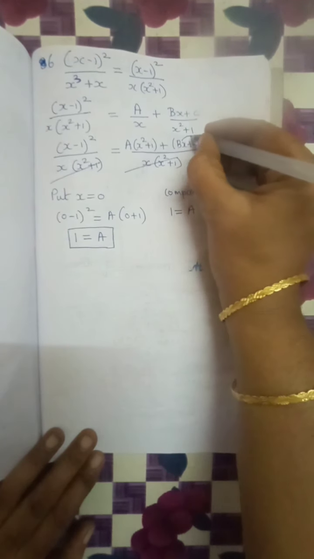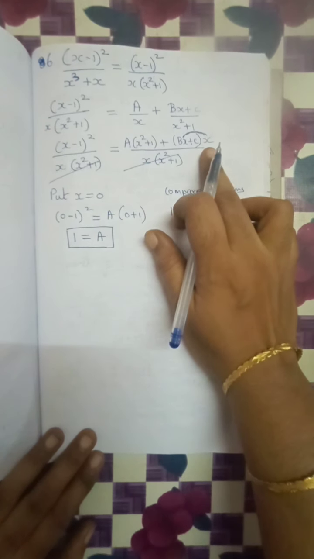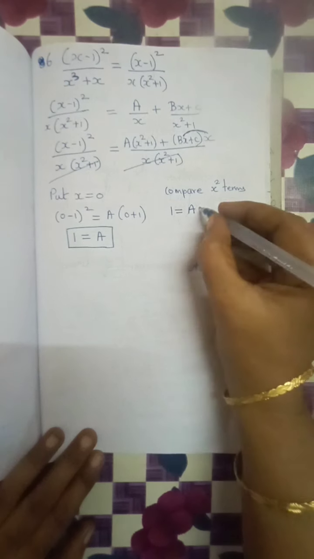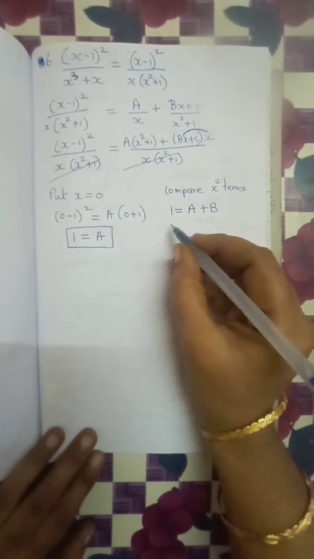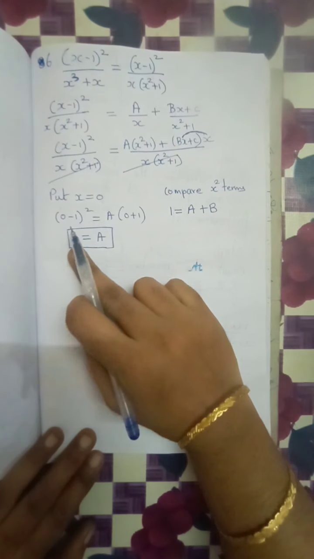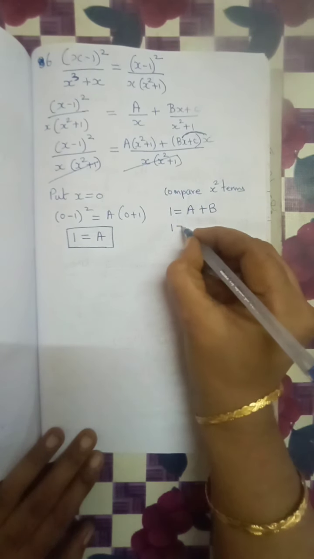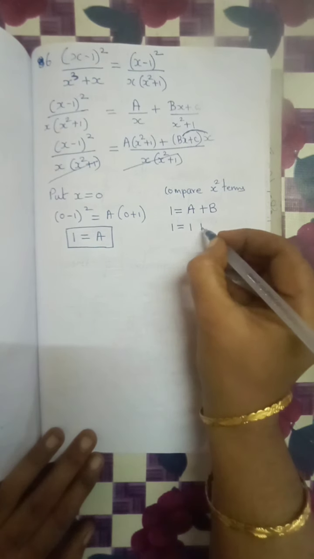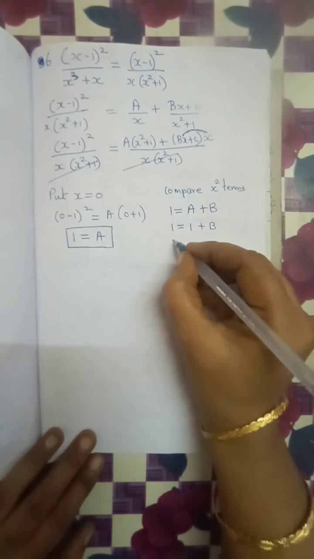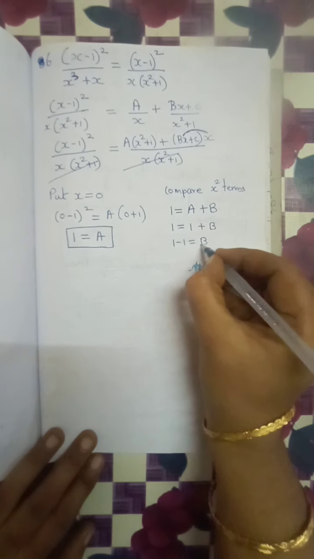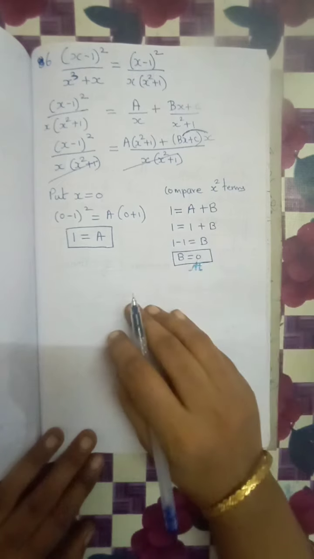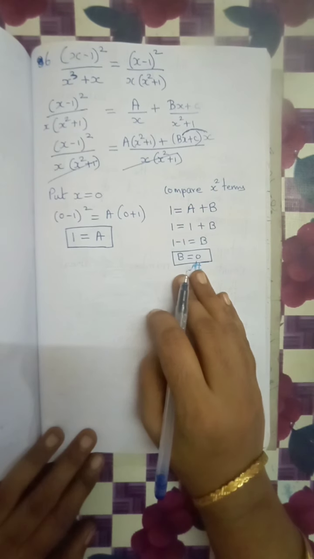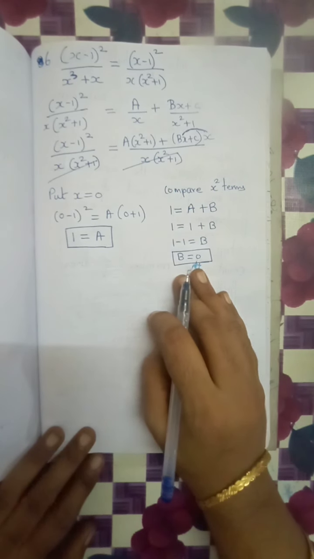Here if I multiply bx into x, I will have an x square term and the coefficient is b. So I get the equation 1 is equal to a plus b. But I already know the value of a is 1. So 1 equals 1 plus b. If I take this 1 to the other side, 1 minus 1 is equal to b, that is b equal to 0. So I got the value of b. What is the value of b? b is equal to 0.